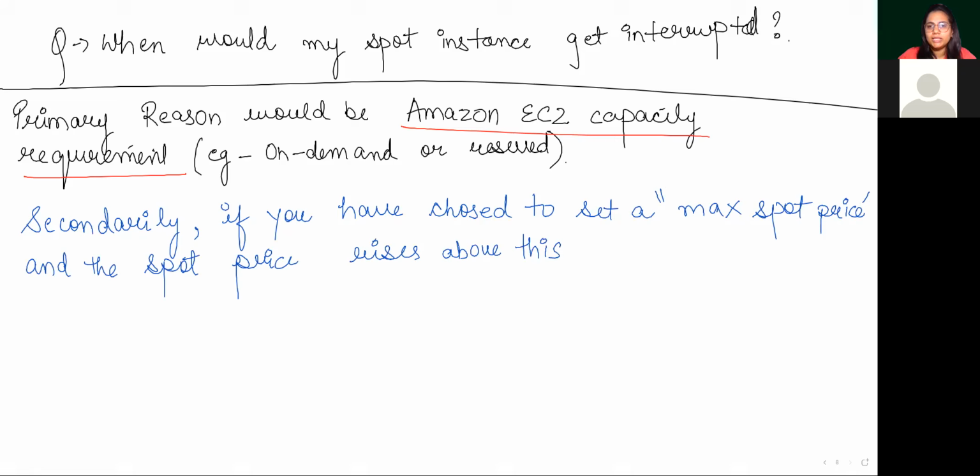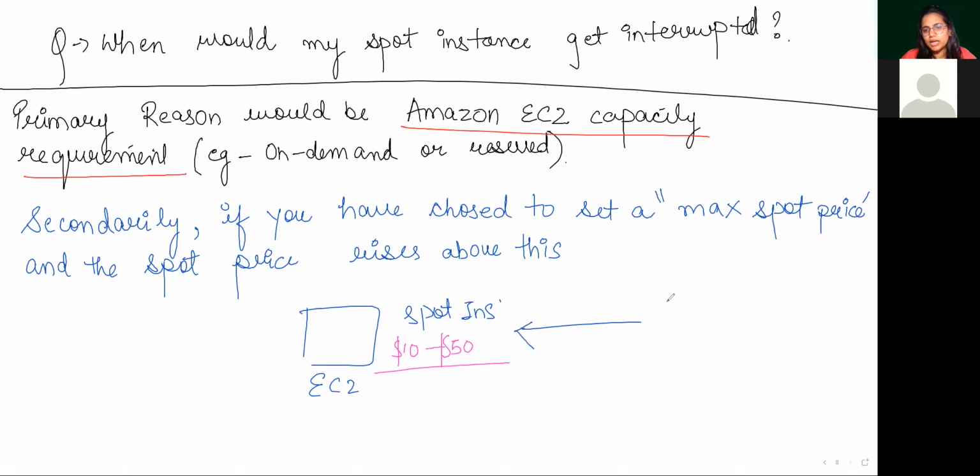Say you have bought this EC2 instance as a spot instance at a price of $10 to $50. But now a customer comes and says, I want an EC2 instance and I'm able to pay $60. So this 50 is the maximum spot price you have.